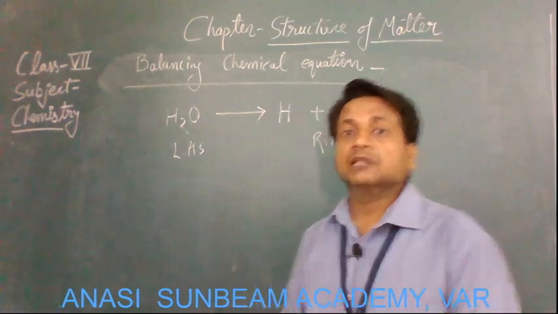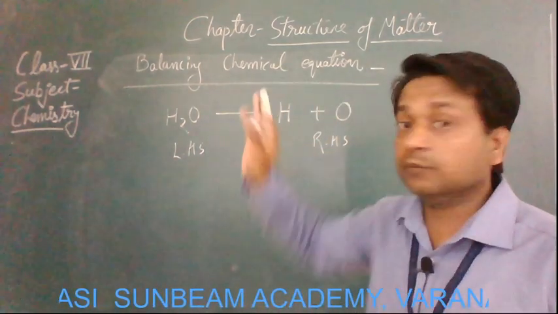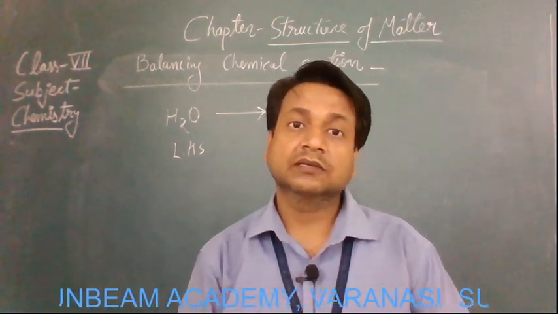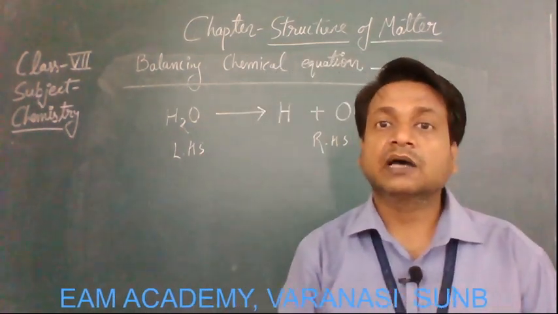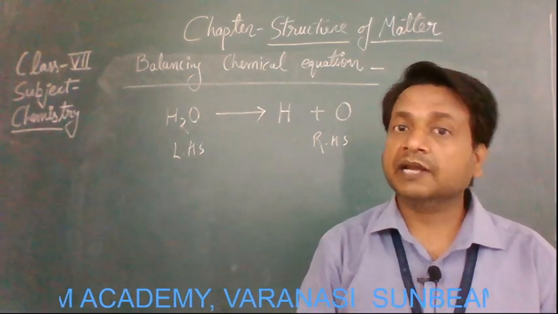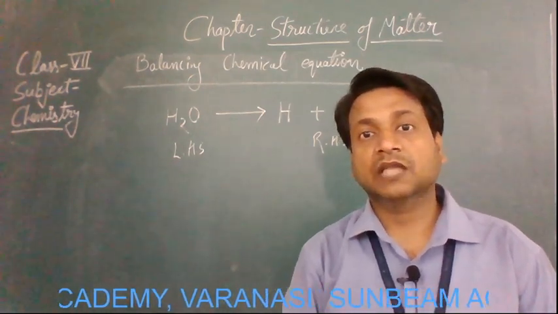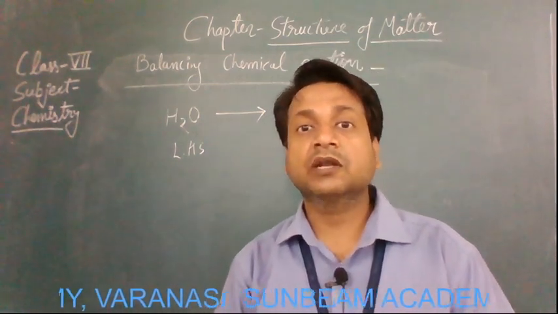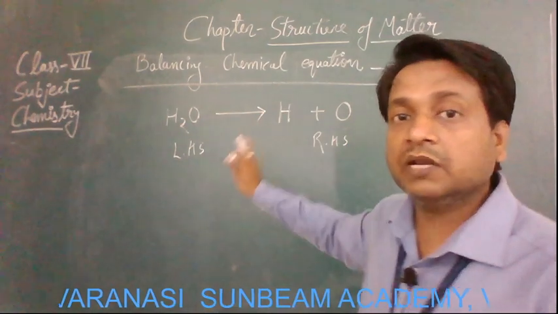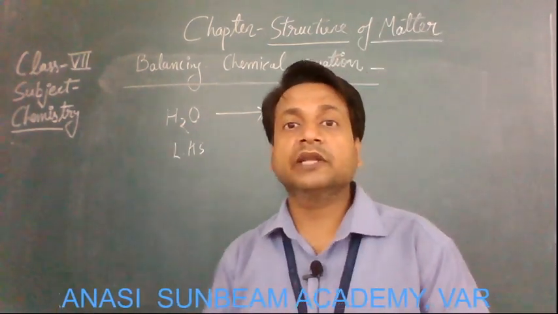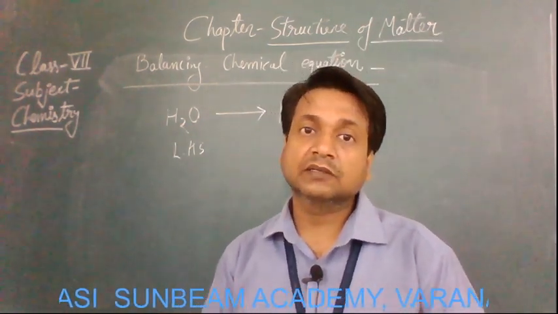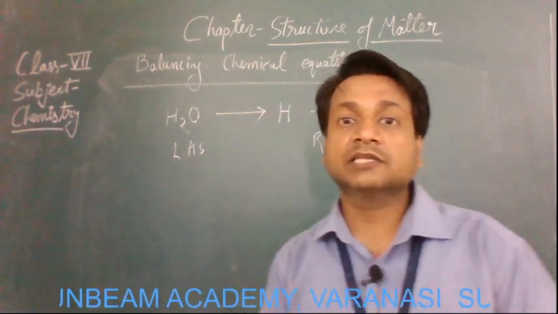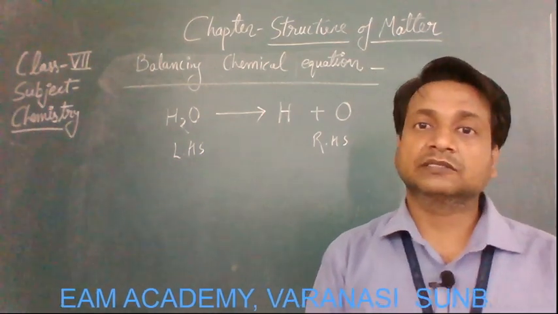As we know, hydrogen and oxygen, remember children, in the previous class I explained about atomicity. Some of the elements do not exist independently in nature, and hydrogen and oxygen are also elements that do not exist as individual atoms. They are always found in combined form, that is, two atoms together. That is why they are considered diatomic elements.